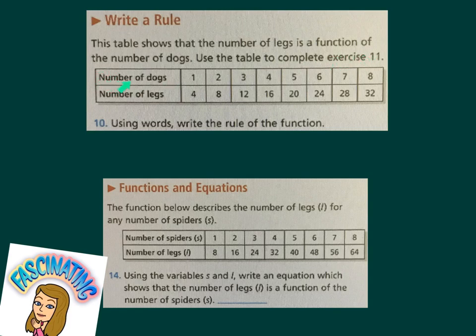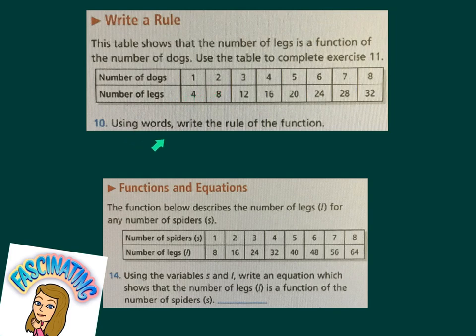Okay, so looking at the number of dogs, if you have 1 dog, the number of legs is 4. 2 dogs, it increases. Oh, okay, so this makes sense. So basically the rule here is that for every dog that we have, you take that times 4 legs.